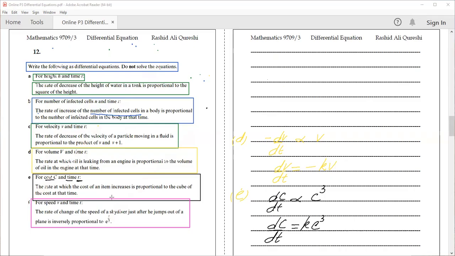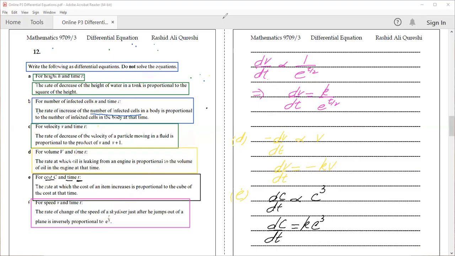For the speed v and the time t, the rate of change of the speed, rate of change means always dv by dt, of a skydiver just after they jump off a plane is inversely proportional to e raised to the power t by 2, and it becomes dv by dt is equal to k times 1 over e raised to t by 2. So that's the way to make the differential equation.